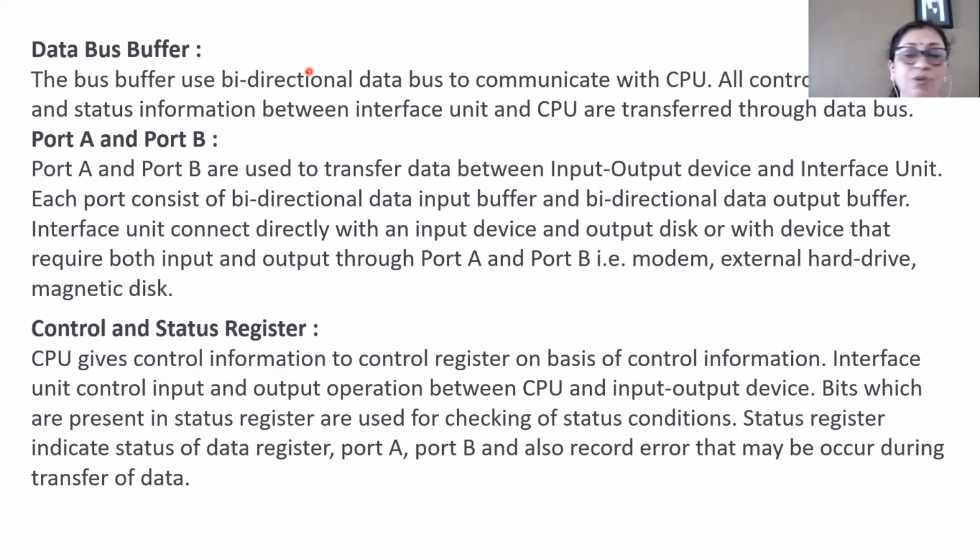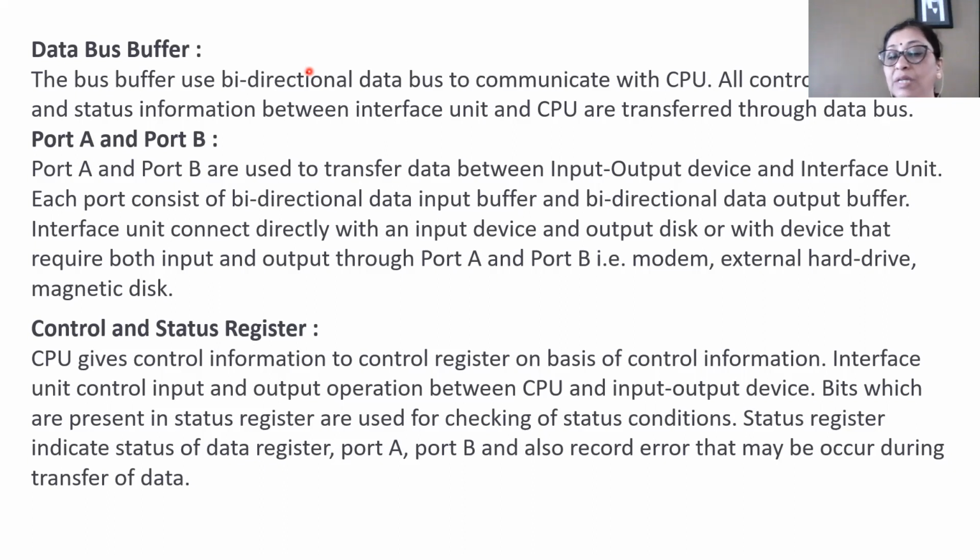Now what is the use of the status register? A number of bits are present in the status register, and these bits can be interpreted by the central processing unit, and they give an idea about the status of the peripheral unit or input output device to the central processing unit.